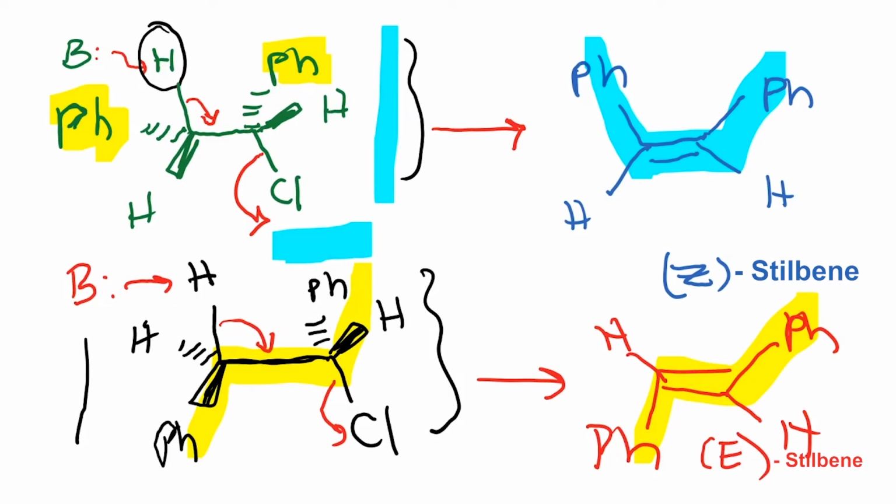However, what is important here is that the barrier for conversion of the conformer leading to the Z product and the conformation leading to the E product is extremely low. So I'm just going to draw an energy profile which describes this process.